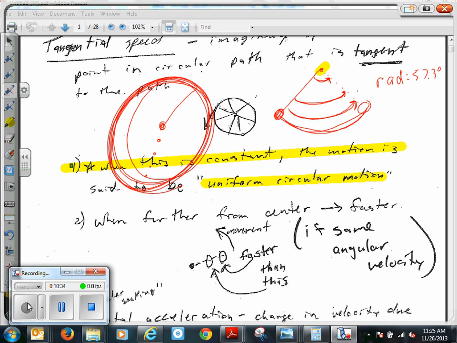We talked about forces and velocities. So we have the constant change in angle, but depending on how far away we are from the center of rotation, let's just say that it takes 10 seconds to get around this circle. So it would take 10 seconds to go this distance. Let's just say that's 10 meters. So that'd be 1 meter per second.